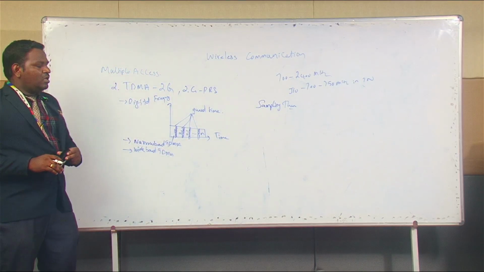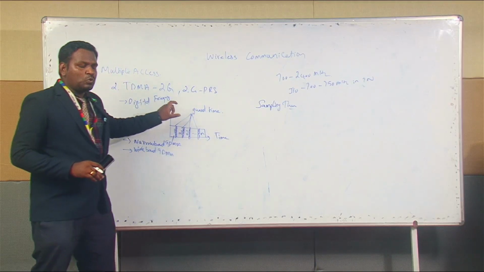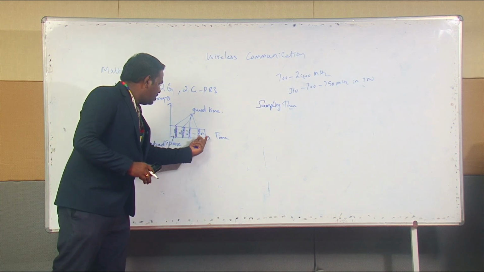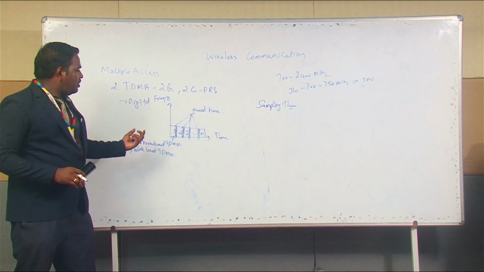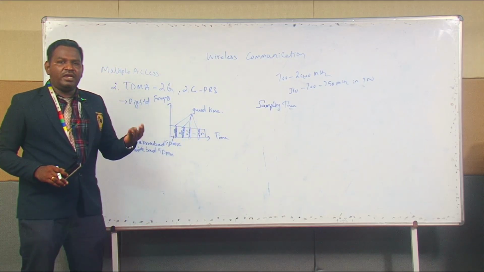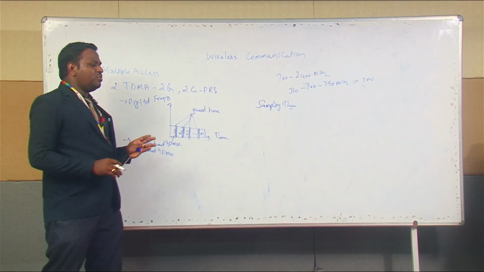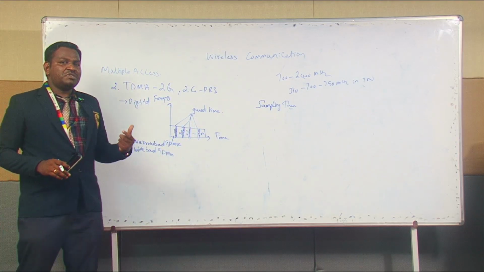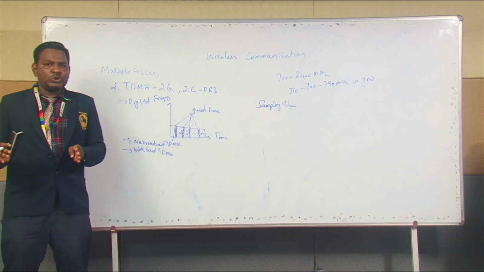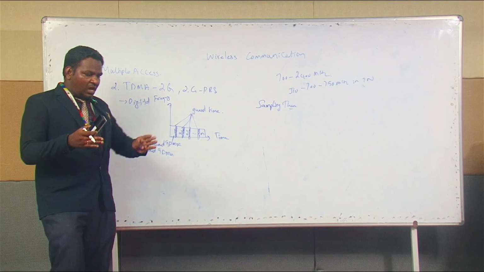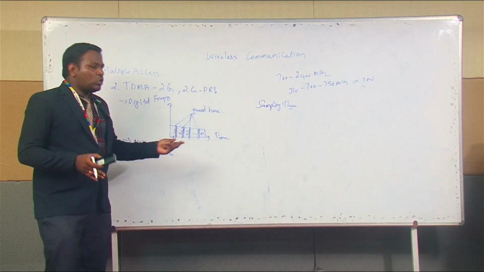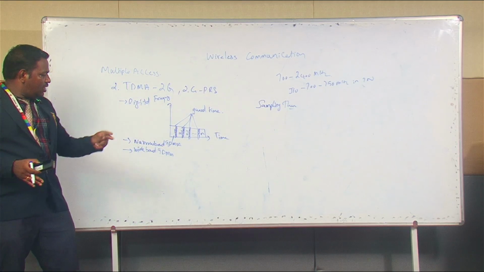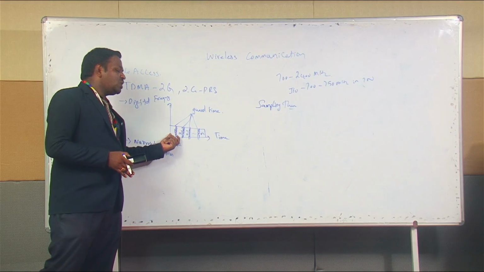Please keep in mind, these guard times are used only to avoid the interference between adjacent slots, and during these slots there will not be any data transmission. Comparing to FDMA, there we use bandwidth, that is the resource itself. We preserved some resource to avoid the interference between adjacent channels. Here it is slot time. This time period is essential to avoid interference between user 1 and user 2.